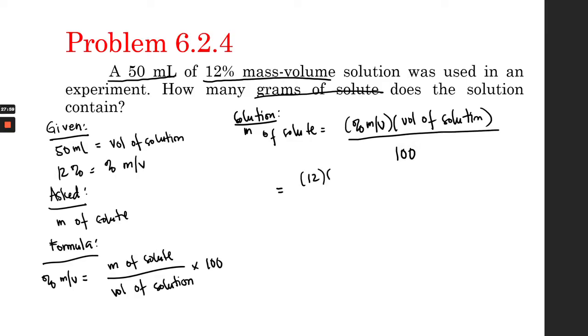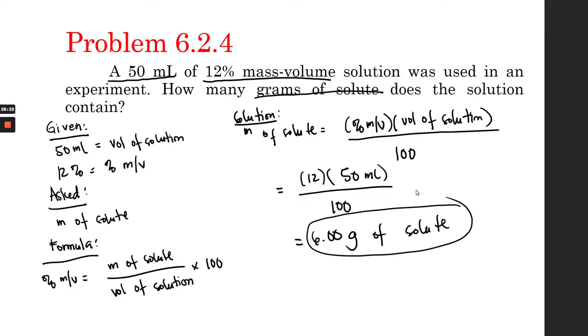We're just plugging in our numbers. You have 12 multiplied by 50 ml divided by 100, and that is 6.00 grams of sodium.